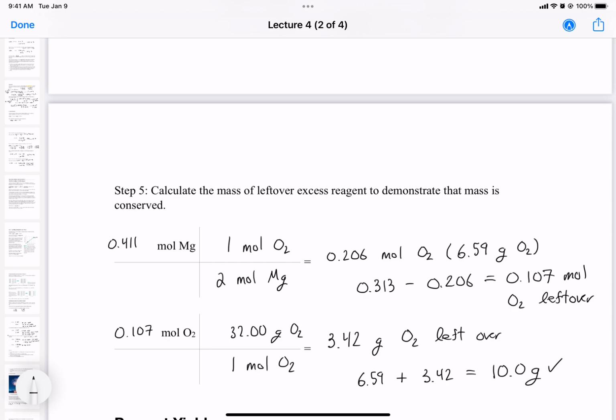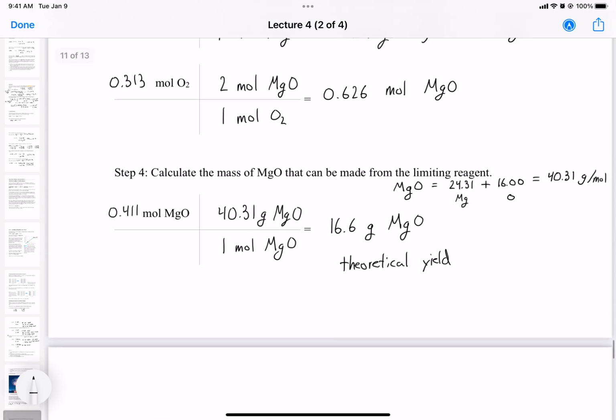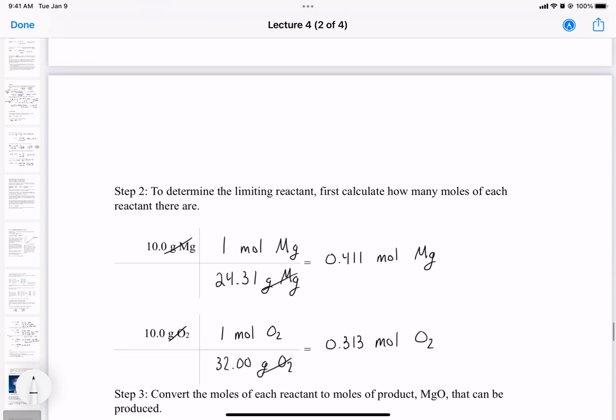Okay, so mass is conserved there. You see, we consumed some oxygen, but then we get a leftover amount of oxygen because that's the excess reagent. So our mass is conserved here. So 10 grams here, and if we scroll up, we see we started out with 10 grams of oxygen here, so the mass is conserved.